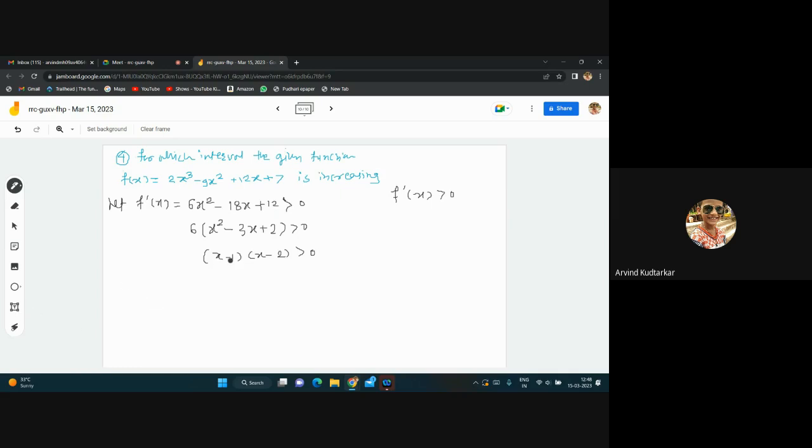The first factor can be positive when the values of x are less than 1. It means it will be from minus infinity to 1. So for the first interval, for the first factor, the values of x should be minus infinity to 1, right?